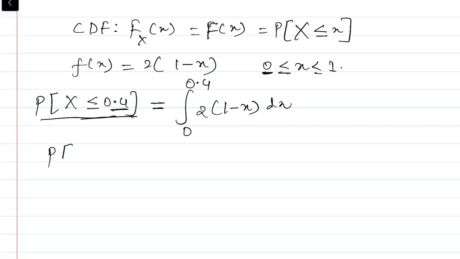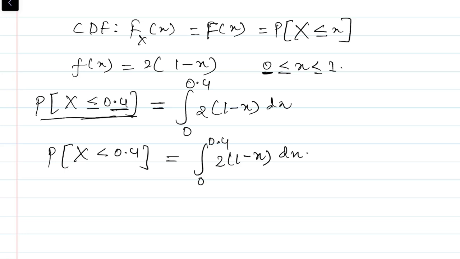Similarly, if it is given random variable x is less than 0.4, this is again the same, 0 to 0.4. It doesn't matter whether there is an equal to sign or not, because in a continuous random variable the probability at a point is 0. We'll simply integrate from 0 to 0.4 the function dx.